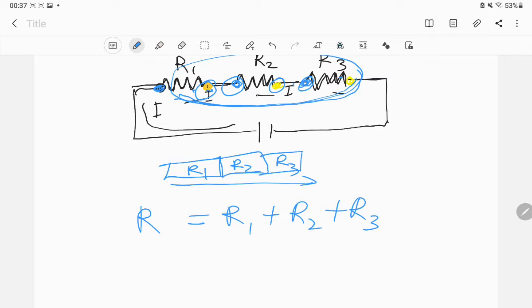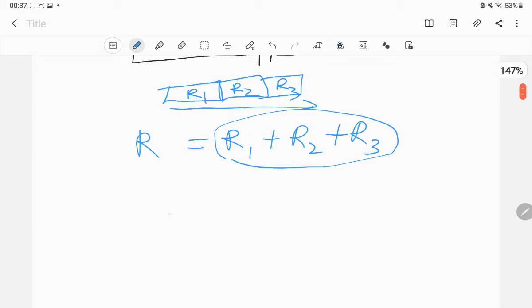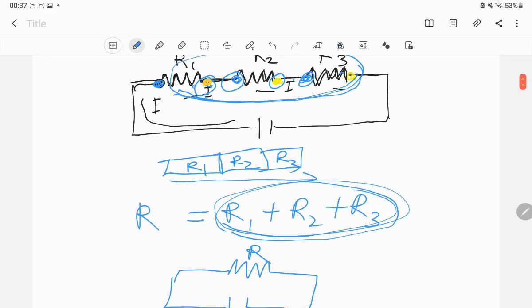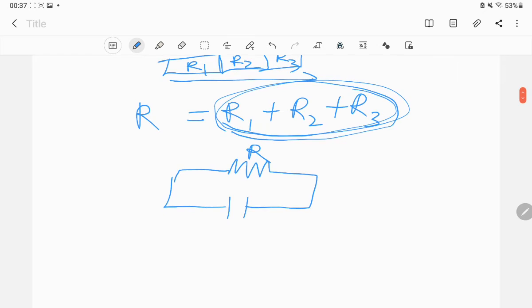In place of R1, R2 and R3, we can directly write one equivalent resistance R, and this R is equal to R1 plus R2 plus R3.